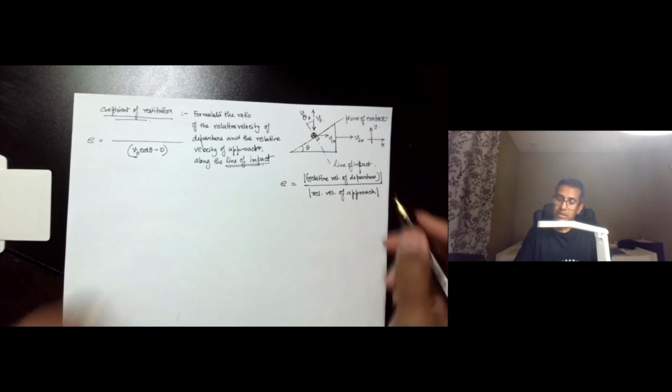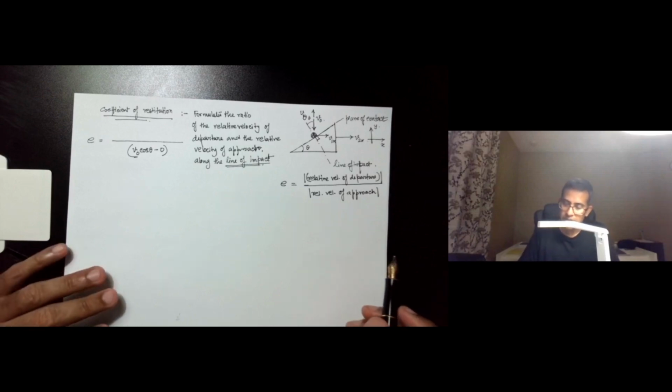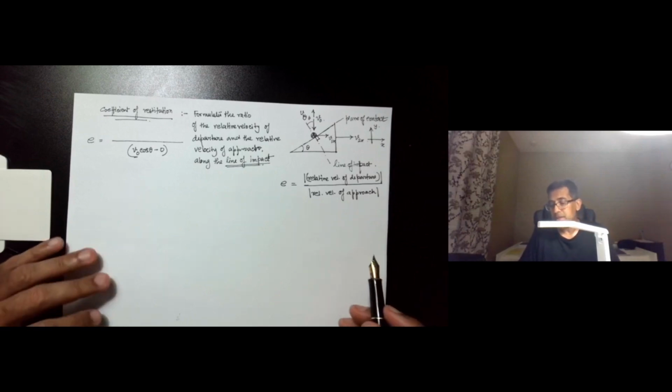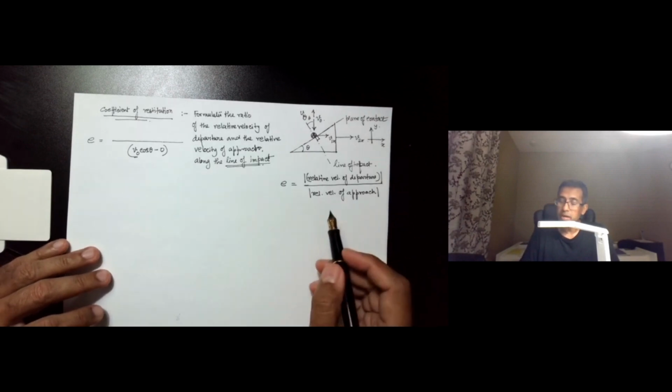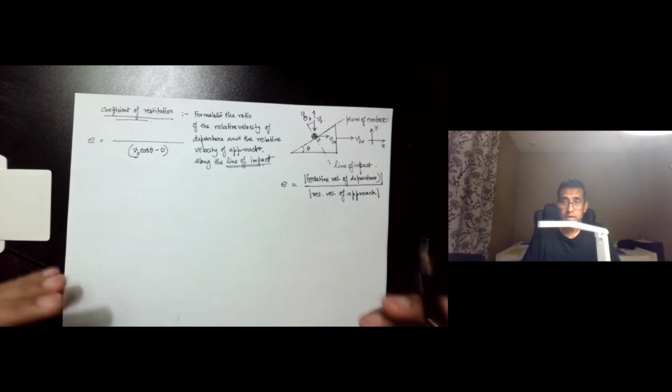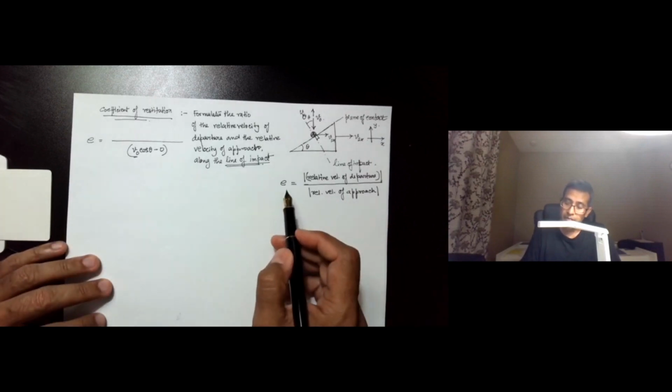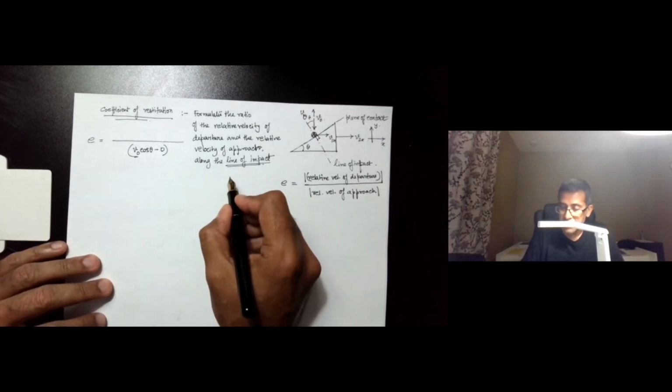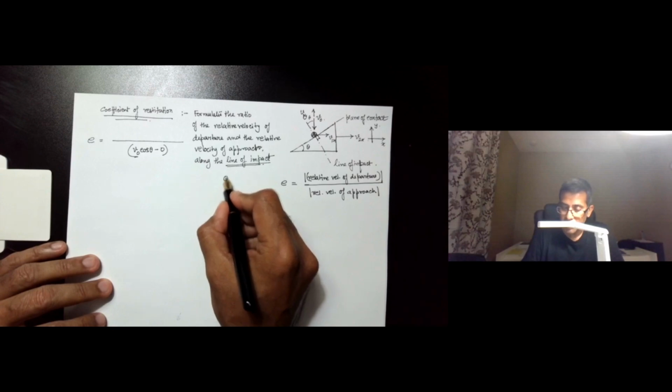Since both numerator and denominator need to be positive, one way to ensure that is to take the square, because e has to be a positive number. It is typically between 0 and 1.